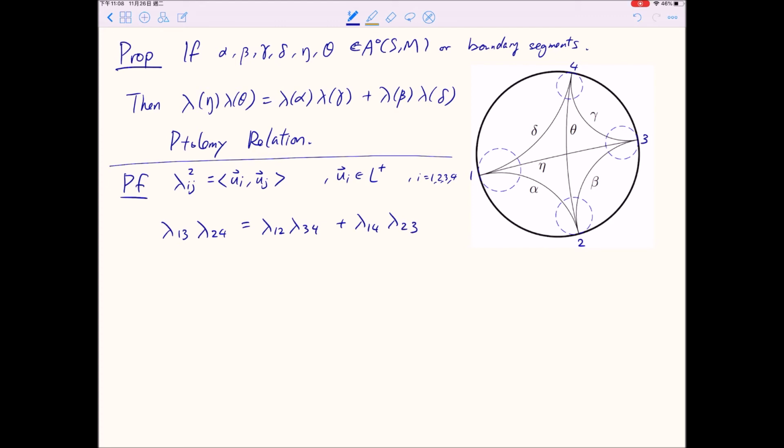This is the same, but I just rewrite it in terms of a better notation labeled by the punctures.